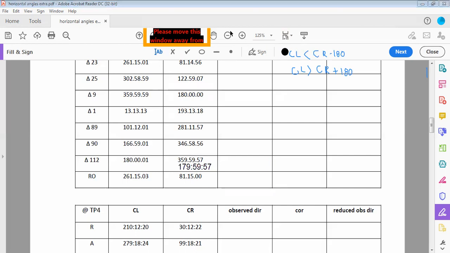We say 180 degrees, 0 minutes, and 1 second plus 179 degrees, 59 minutes, and 57 seconds. We divide it by 2. Your answer that you're supposed to get is 179, 59, 59. So that would be your answer. Do you understand?